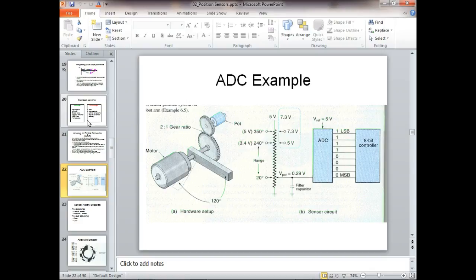So this is a voltage to binary converter. First we would have to figure out a transfer function, and once we get a transfer function, it would be relative to degrees. Then we could bring that in and figure out what binary number would represent each one of those degrees. Understand that? Makes sense.